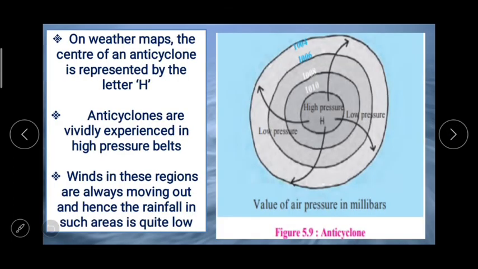On weather maps, the center of an anticyclone is represented by the letter H, whereas we studied about the cyclones, which is represented by the letter L. Here H you can see, which means it is anticyclone, and the direction of wind you can see.